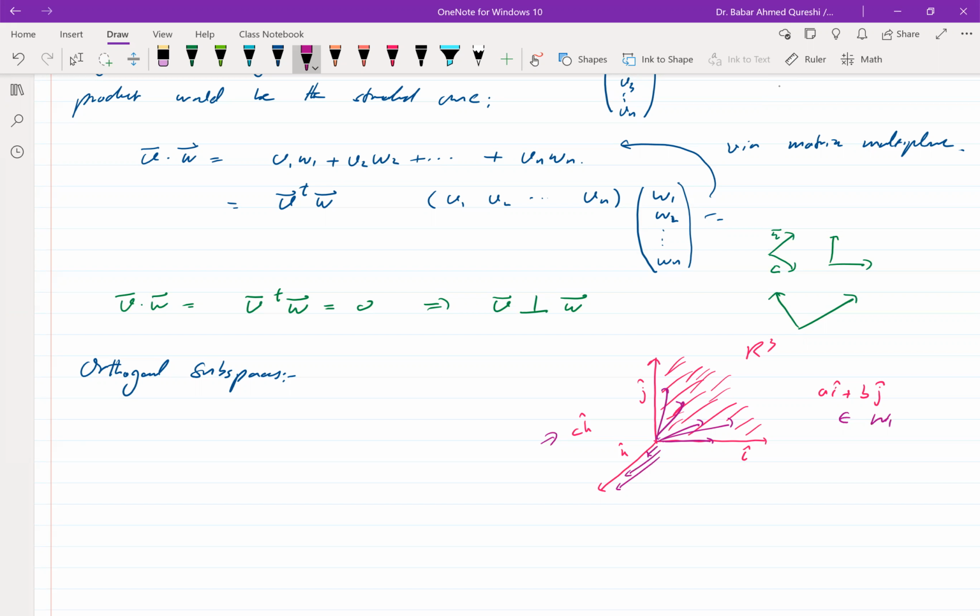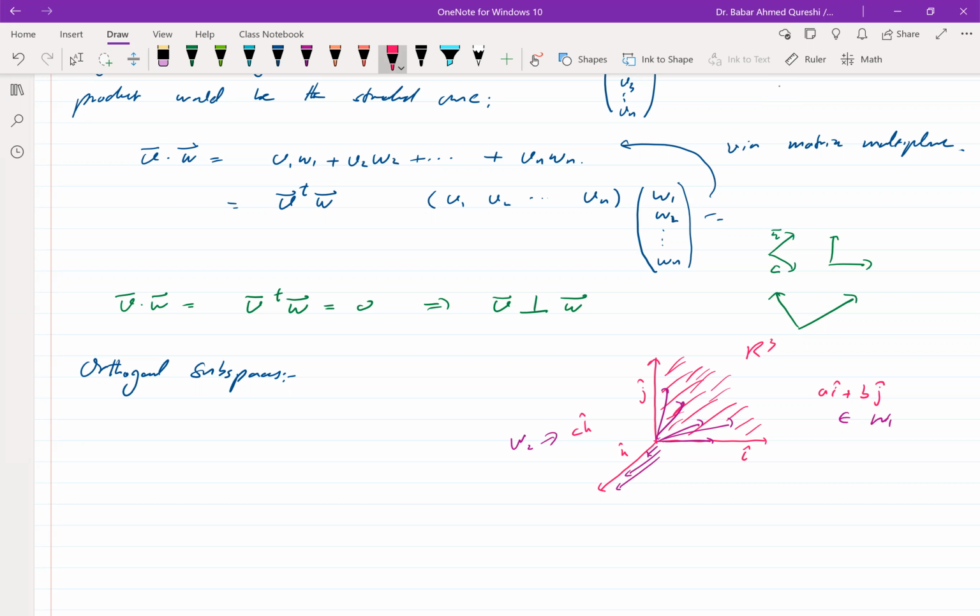Let's call them W1 and W2. Since every vector in W1 is perpendicular to every vector in W2, we can say that these two subspaces are orthogonal to each other.